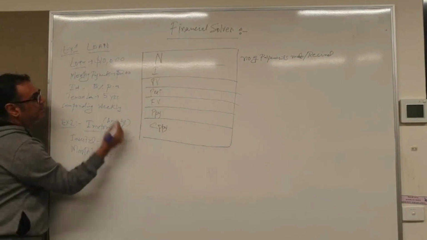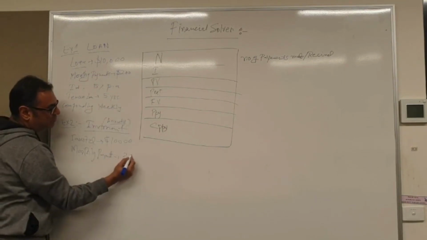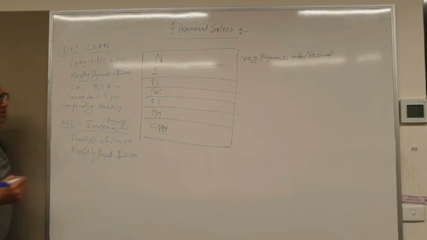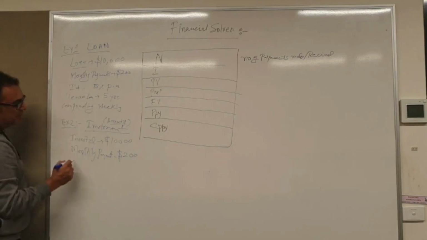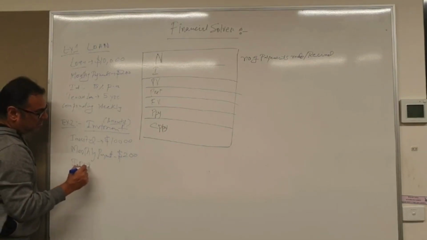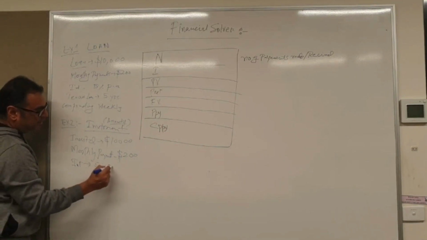They're receiving monthly payments. I'm just trying to use the same figures. So they're getting monthly payments of $200. Everything else remains the same. Let's say the interest is 5% per annum.